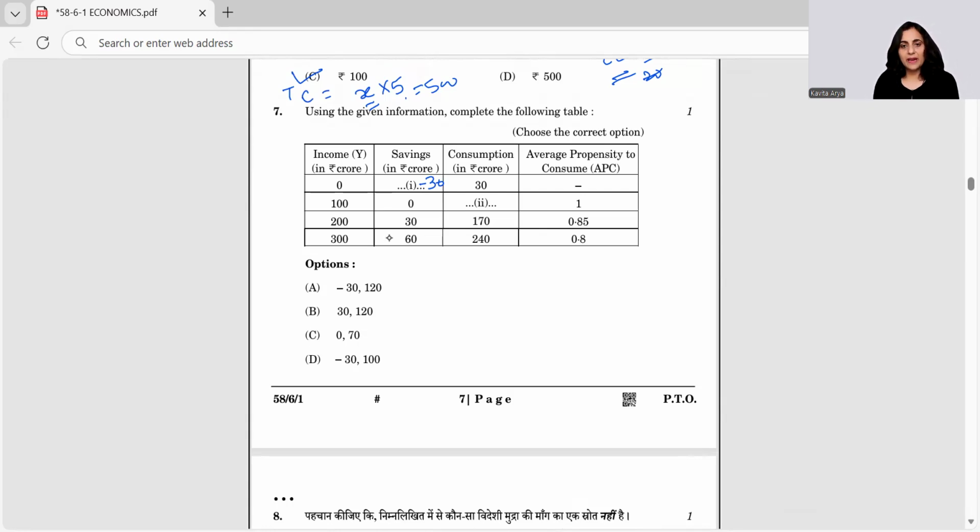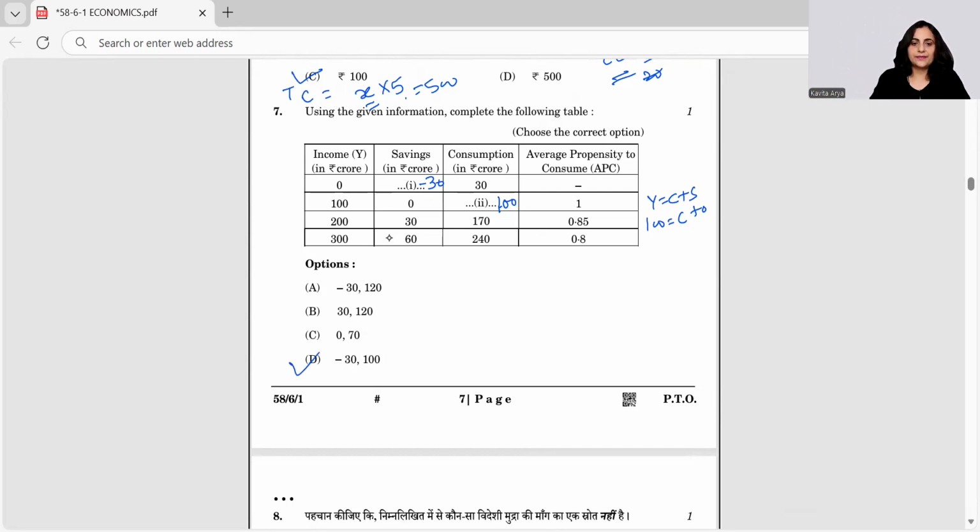Right. And the next blank talks about consumption. When income is 100 and we are not saving anything, it means we are consuming altogether because income is equal to consumption plus saving. So income is 100 and we are told that savings are equal to 0. So C comes out to be 100, right?